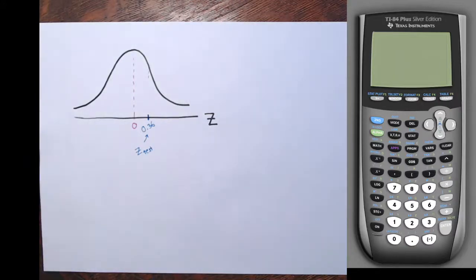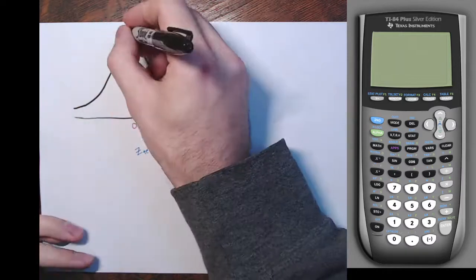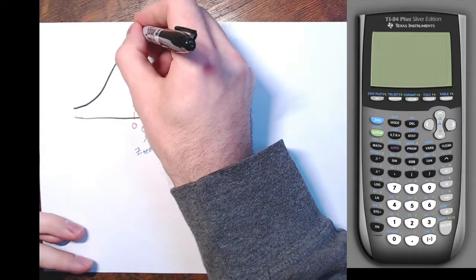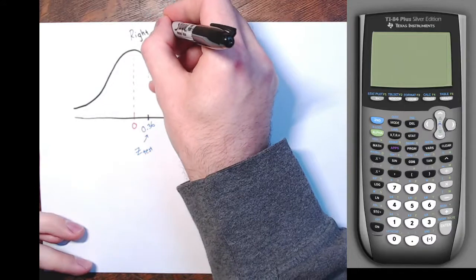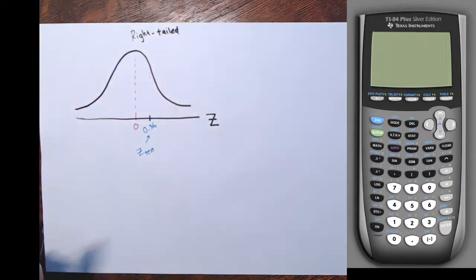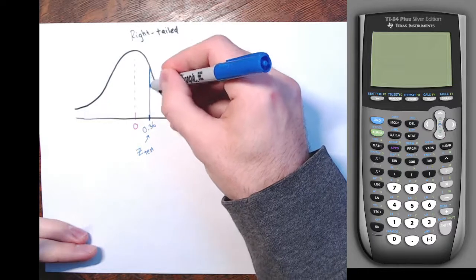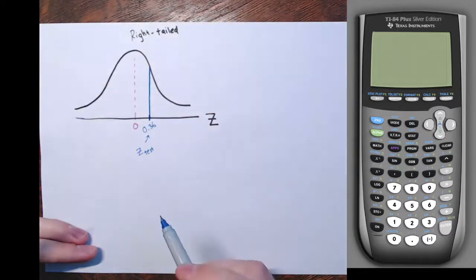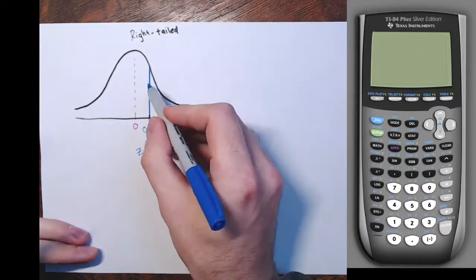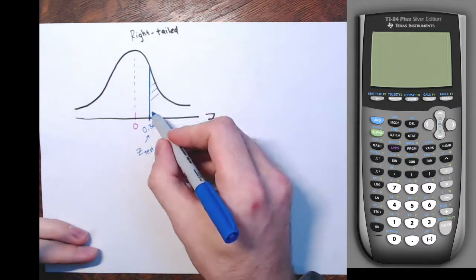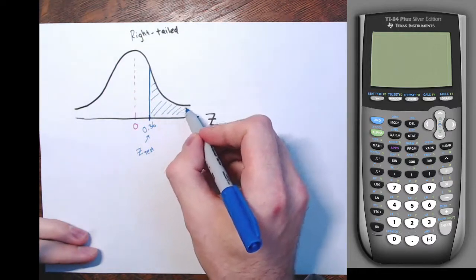Now this is a right-tailed test, and let me write that up here. In a right-tailed test, the p-value of the test statistic is simply the area under the curve to the right.